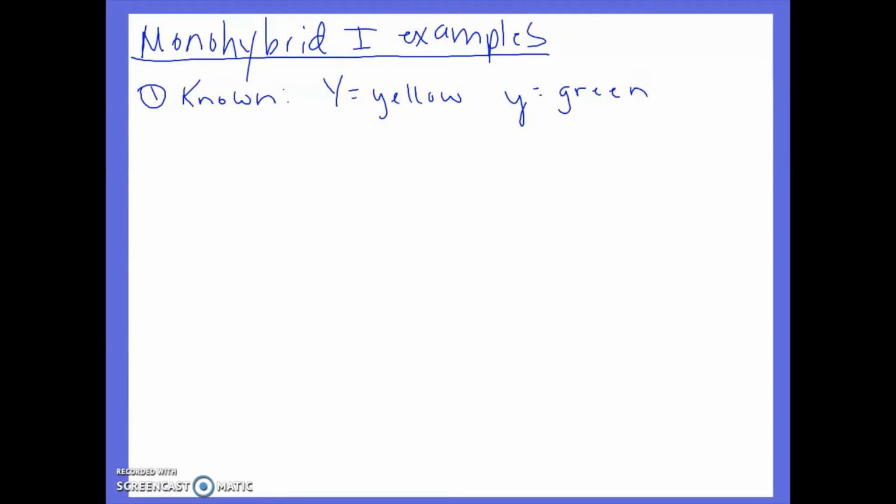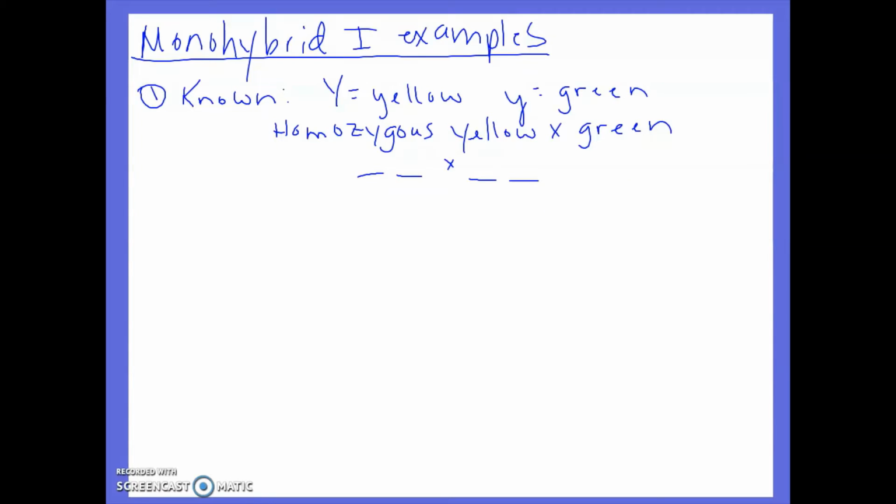For number 1, it says that we're going to cross homozygous yellow peas and green peas. So I'm going to write that here. Homozygous yellow is going to cross with green. We need to determine the genotypes of our parents. Every parent is going to have 2 alleles for a certain trait.